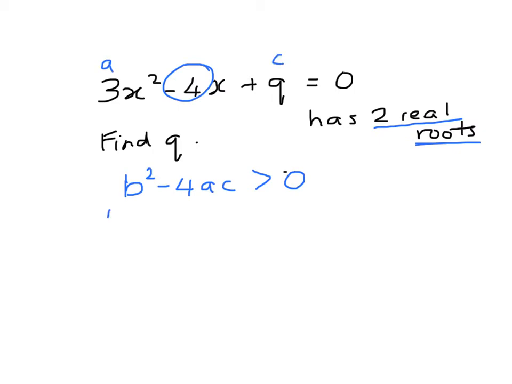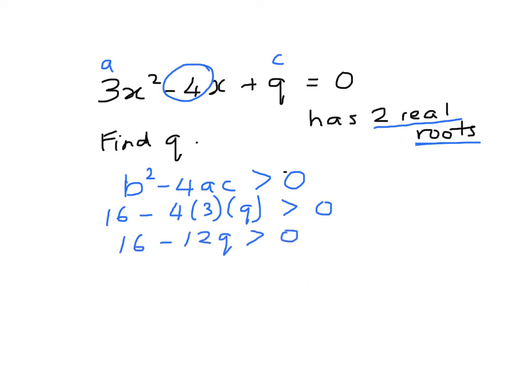So b squared is 16, minus 4 times 3 times q, is greater than 0. So 16 minus 12q is greater than 0. I don't like my minus 12q, so I'm going to put that on the other side and change it to plus 12q. 16 is greater than 12q.